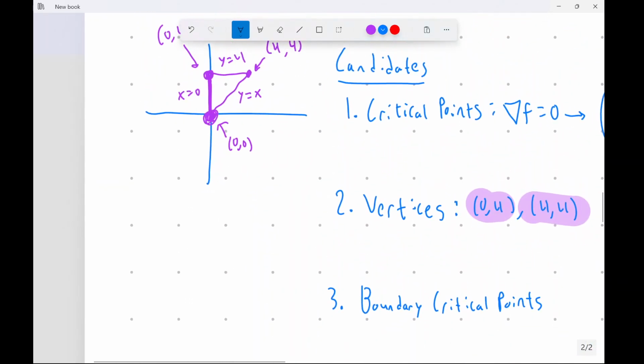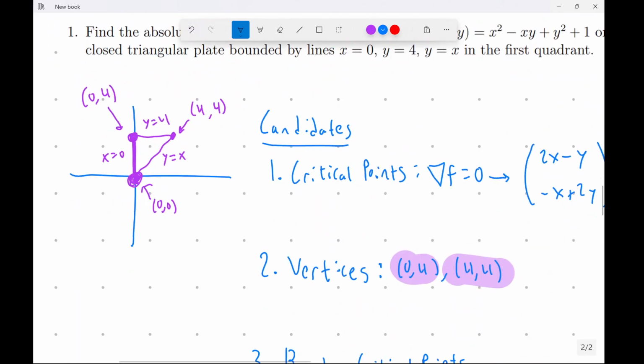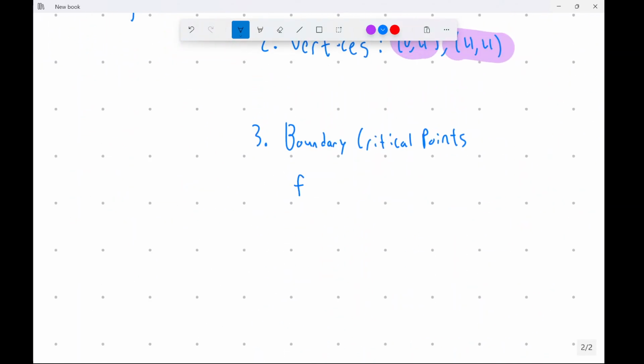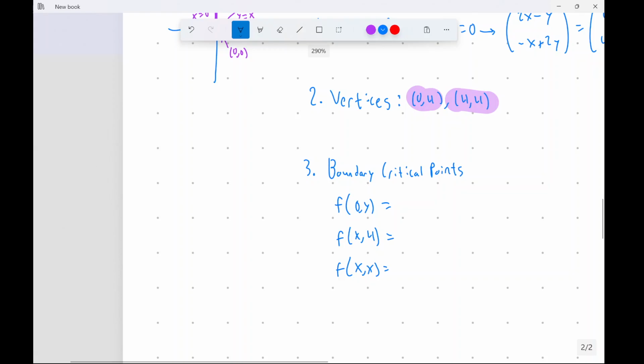So what we're going to do is plug each of those 3 equations into our original function. So we want f when x is 0. We want f when y is 4. And we want f when y is equal to x. So I'll find all 3 of those.